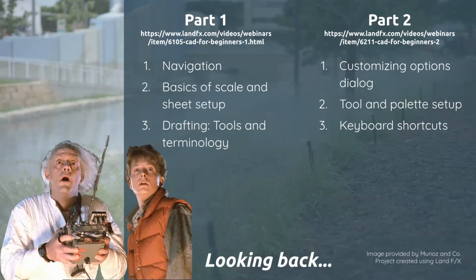Part 2 went really deep into customizing. So all right, you're playing in CAD and you want to set things up the way you want them. How does that work? How do those function? There's not going to be a lot of that basic stuff here, but hopefully you have watched part 1 and part 2. If you haven't, the links will be provided in this recorded session when we post it, as well as listed here.